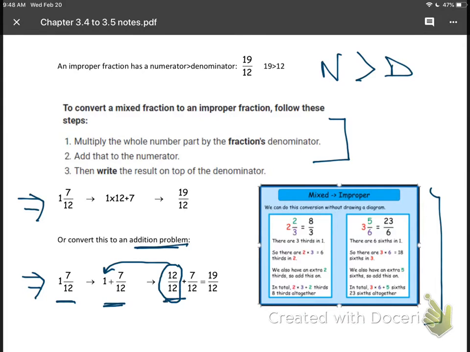Now you have the same denominators, so you proceed as you would in addition of fractions. You can even, if you wanted to, write it as 12 twelfths, with the twelfths written out, plus 7 twelfths. Add the 12 and the 7, get 19 twelfths, again with the twelfths written out. Let's move on to the next slide at this point.